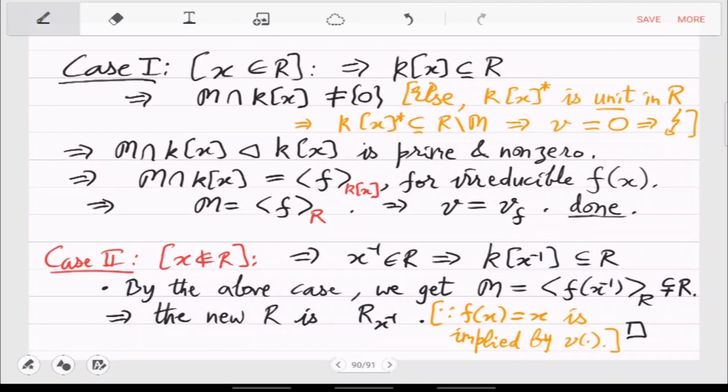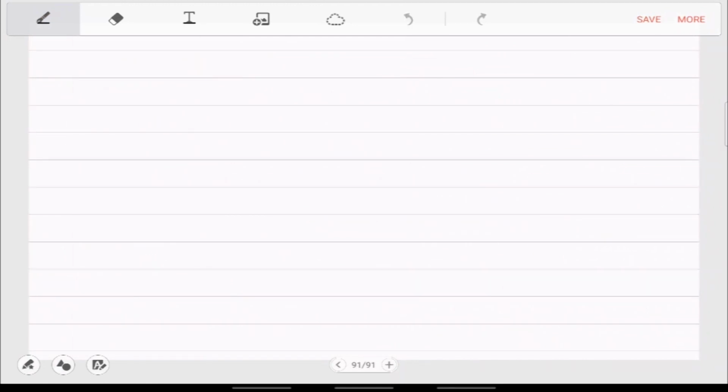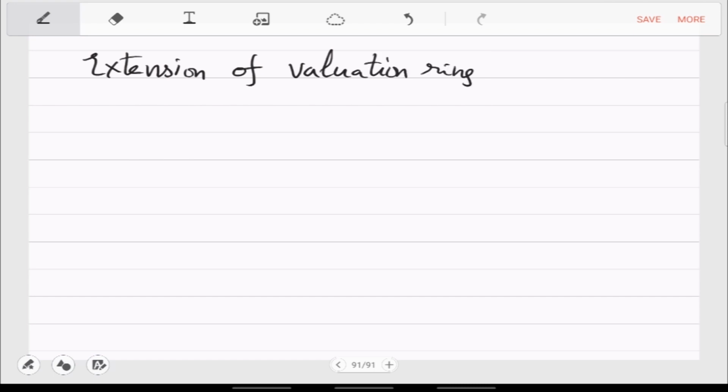Okay, once we have done this, we want to now extend it to curves. So we want to do extension of valuation rings to the function field of curves.